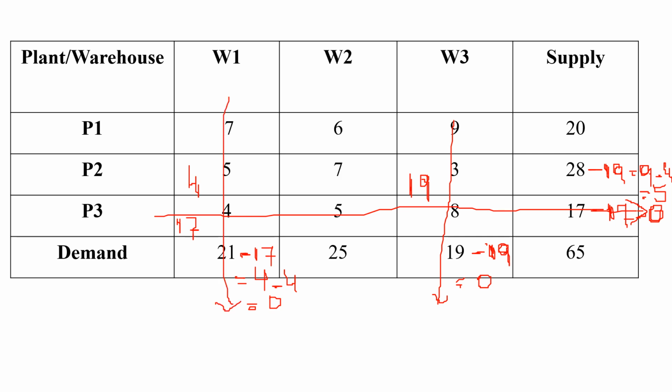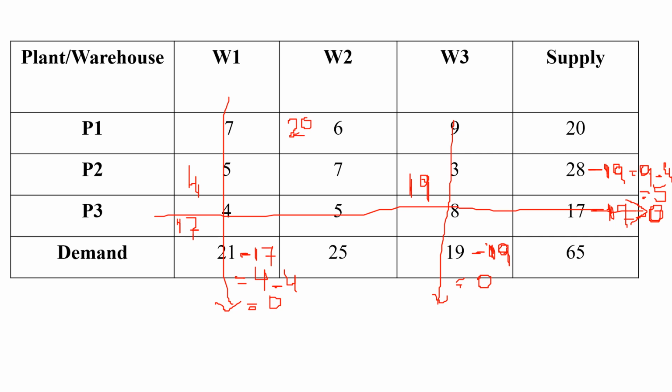Okay. Then there are 2 units, 6 and 7. Out of the 6 and 7, 6 is the lowest one. Then you have to give 25 units. 25 units of demand is for W2 and supply is 20. Then you have to give 20 here. The maximum supply you have to give to that particular cell is 20.